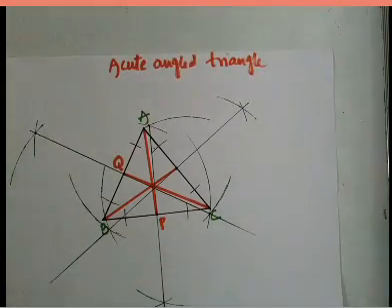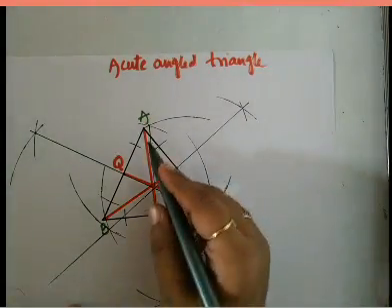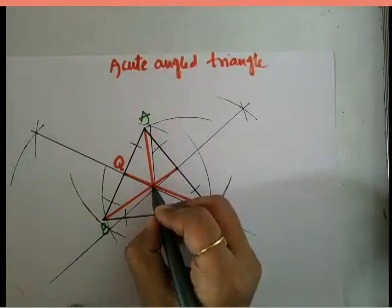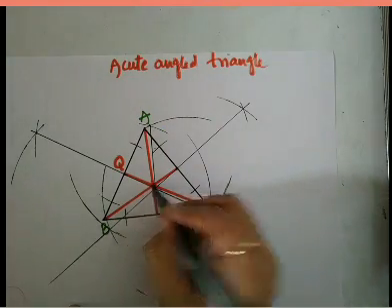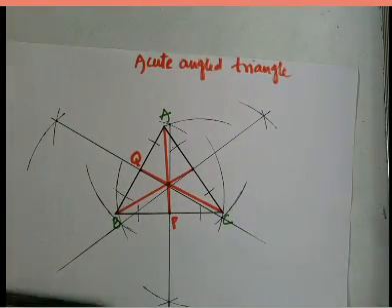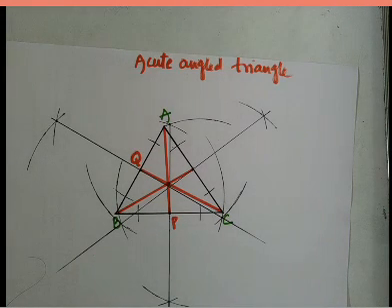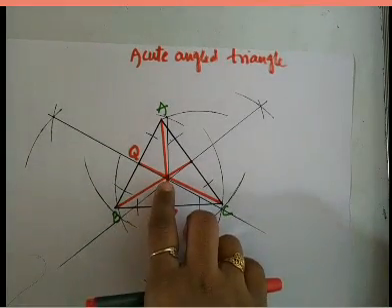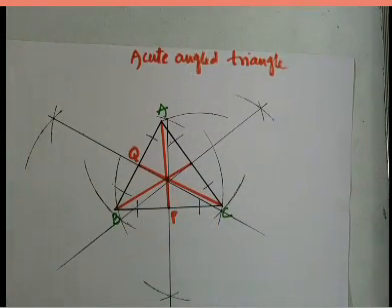Here, if you observe, all three medians are passing through one single point. When two or more lines pass through one single point, they are called concurrent lines, and the point from where they are passing is called the point of concurrence.